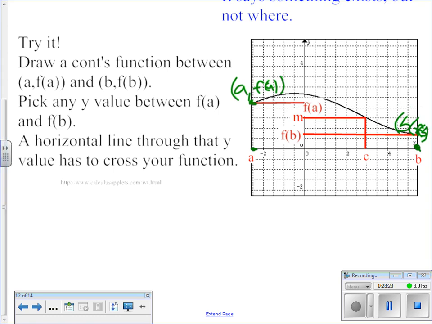So f of A and f of B are here. So if there is a y value between here, it has a corresponding x value between here and here. At least one. Maybe more than one. But here's my y for the A and here's my y for the B. For every y value between those 2 points, there's a corresponding x value between those 2 points. That's what it says. If I'm going from here to here, if there's a y coordinate, I can find a corresponding x coordinate. Why is this important?